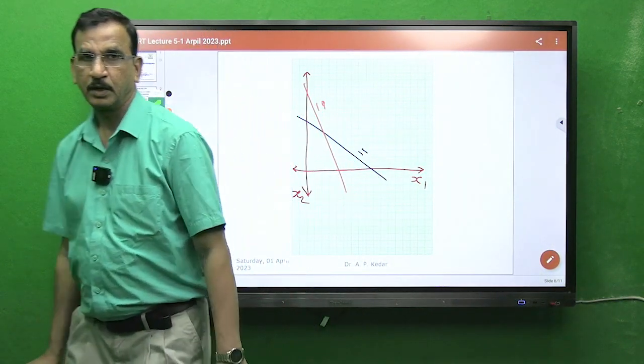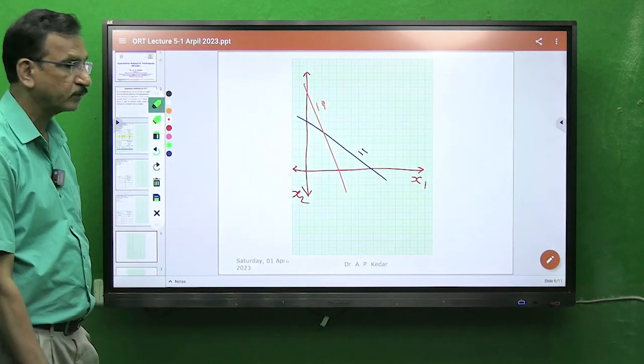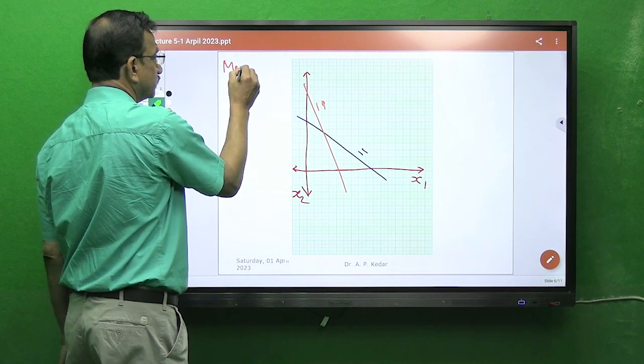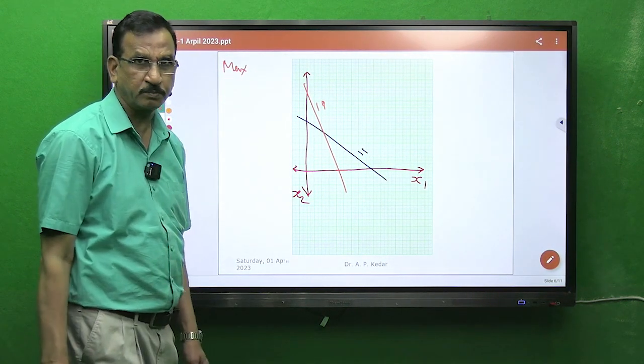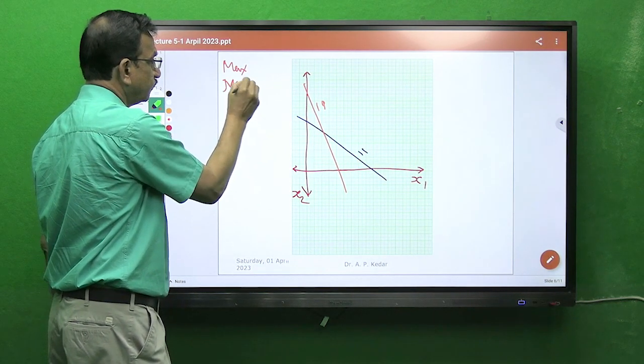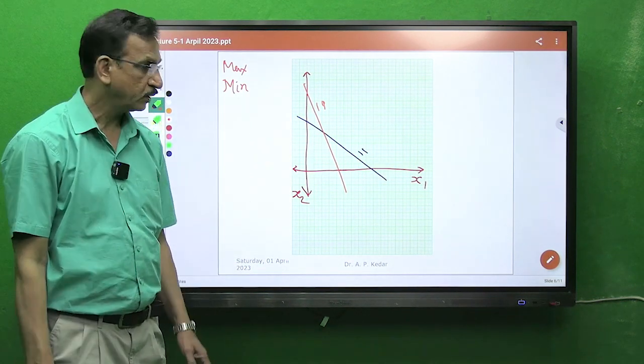See, I have changed the definition. Now the objective function may be maximize or minimize for this given situation.